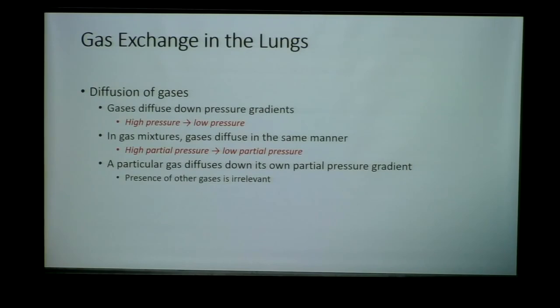So when we speak about the movement of gas, the diffusion of gas, we're going to see that gases move from high pressure to low pressure. So once again, we're speaking about pressure gradients here. We've talked about pressure gradients as they apply to the cardiovascular system, as they apply to blood moving in the vasculature. We talked about gradients as they apply to bulk flow of air into the lungs.